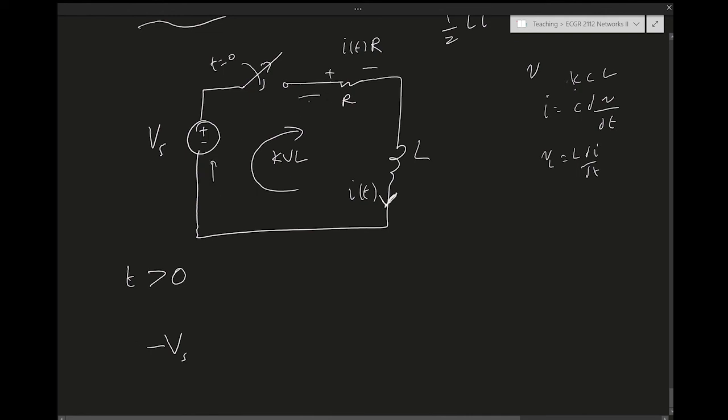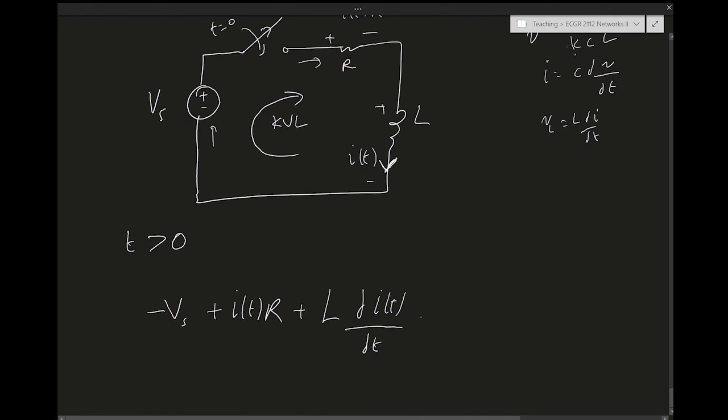Then I move this way, I hit the plus, so I have plus i(t) R. And then plus VL. What's VL? VL we know is L di(t) by dt. That's the voltage current equation of the inductor, equals 0.